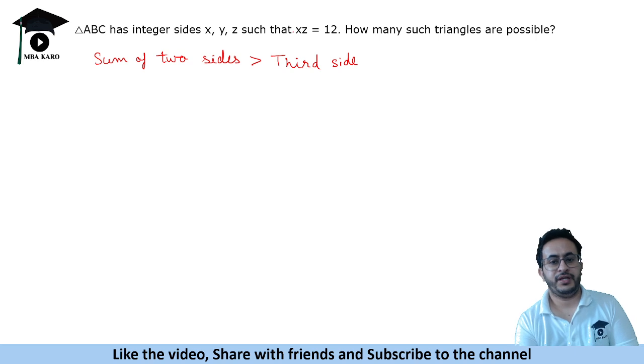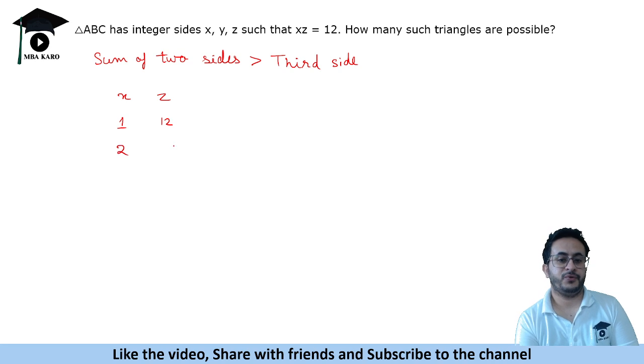So we have two sides x and z given to us. They can be used interchangeably. So x and z, the two sides, are 1 and 12. Another possibility is 2 and 6. Another possibility is 3 and 4. So for the third side, what are the possibilities? Now the sum of two sides is greater than the third side.